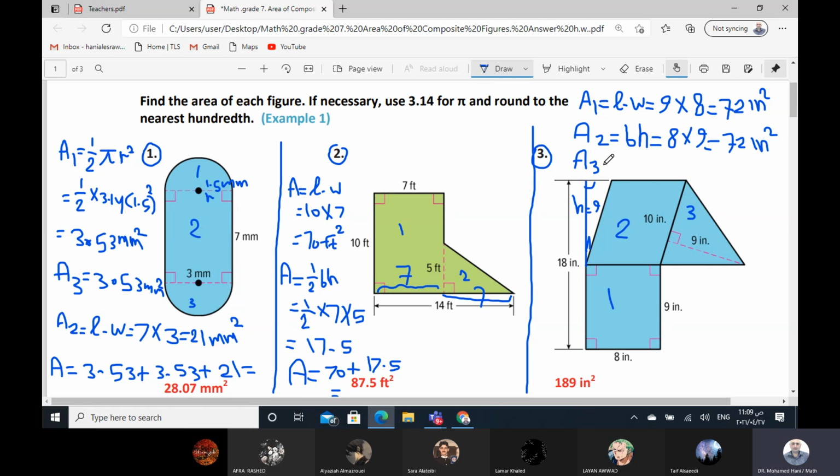Multiply by the height. So here we have 1 over 2 multiply by the base, as you see the base here 10, multiply by the height will be 9. 10 times 9 is 90, divided by 2 will be 45 inch squared.